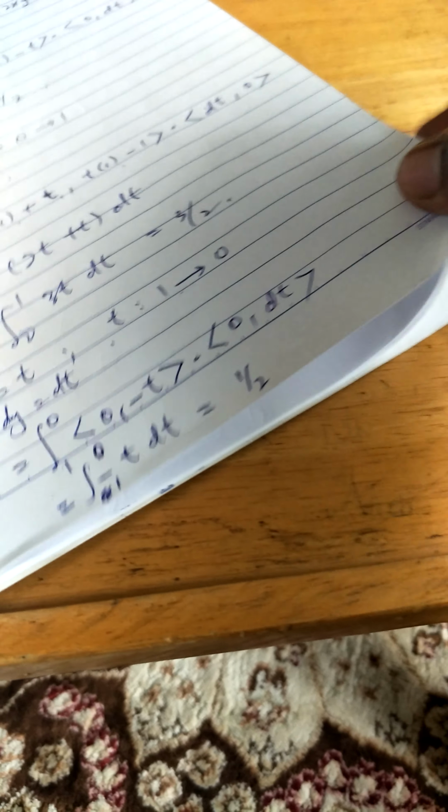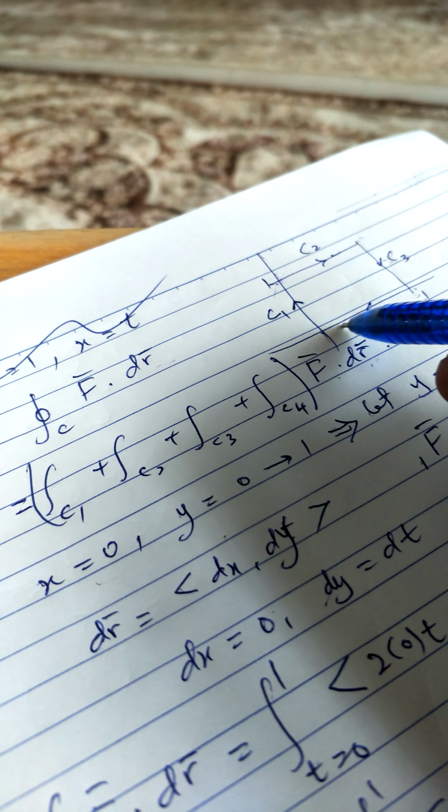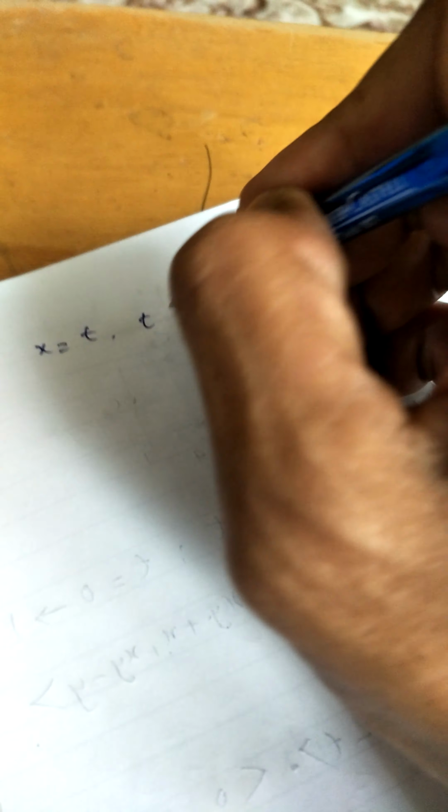Then we do for C4. What is C4? That C4, x is moving, y is 0. So x is moving, so we take x equal to t from 1 to 0, y equal to 0.